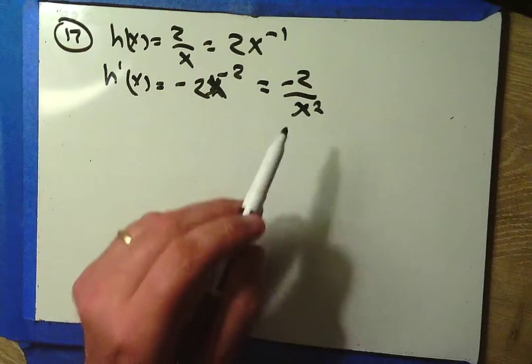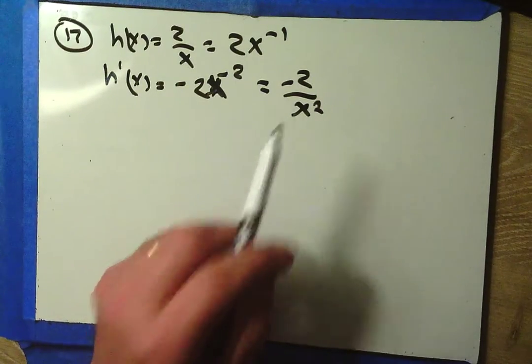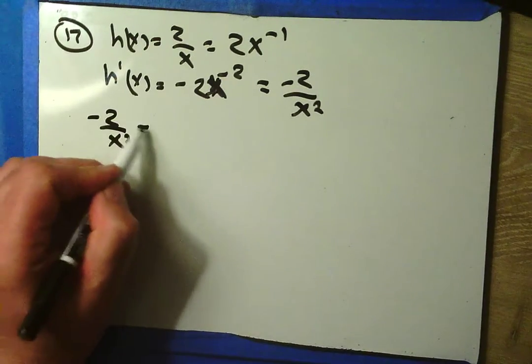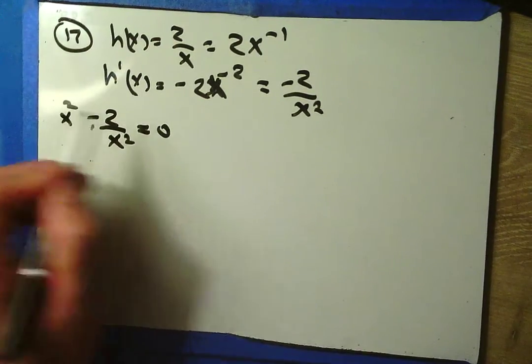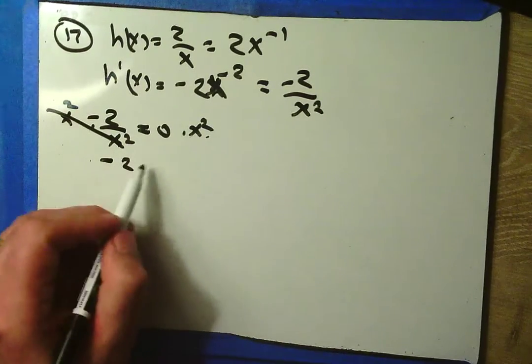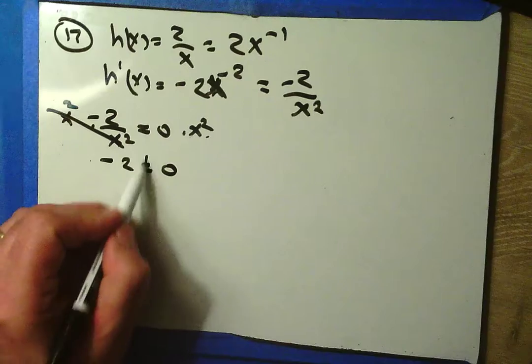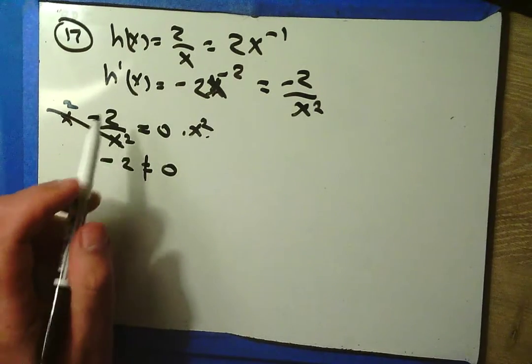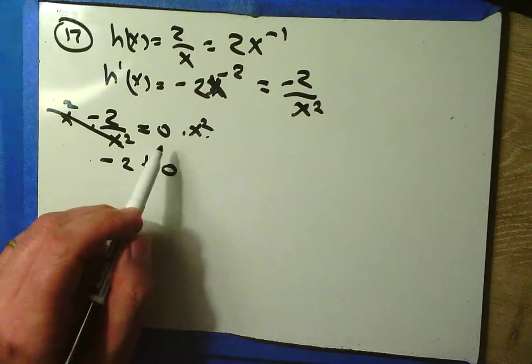Well, I see that this is never going to be equal to 0, so let's just confirm that. I multiply by x squared, these cancel, and I get negative 2, and over here I get 0. No, that's not true. So h prime is never equal to 0.